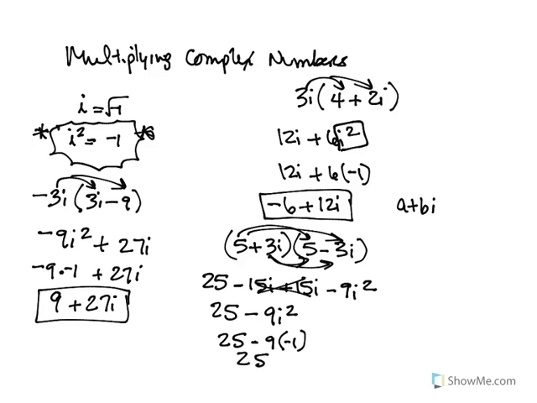So I'm looking at 25 plus 9, which would give us a final answer of 34. And we're done. So when we're multiplying, we multiply like we always multiplied, except now, anytime we have i squared, we should replace it with negative 1.